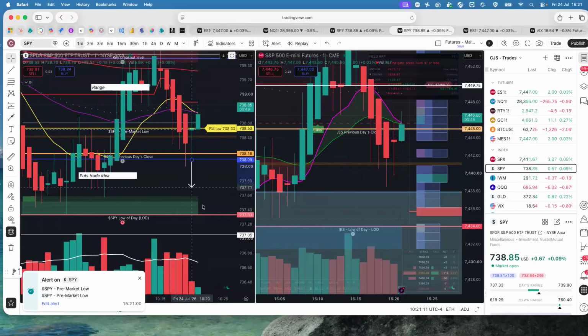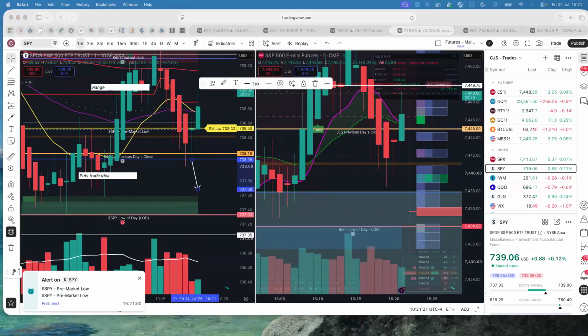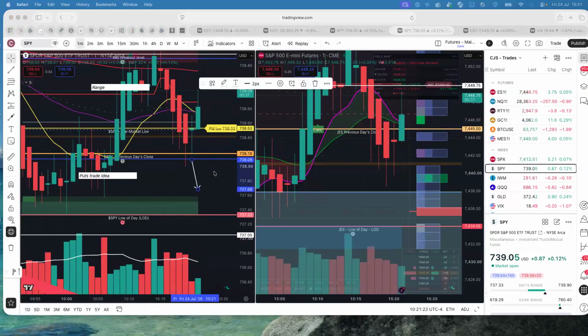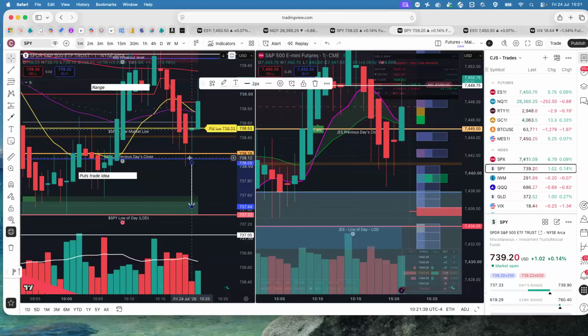So when price breaks previous day close in this current market structure, and this is not going to apply every day of the year, we're just talking about the current market structure, if we want to take puts, we want to see price break this key level, which is previous day close. Why? Because that is a high probability trade.